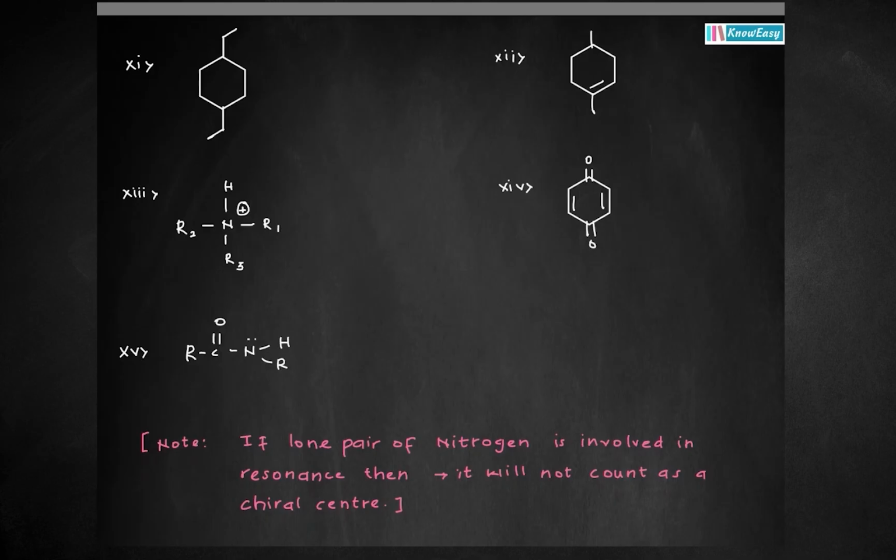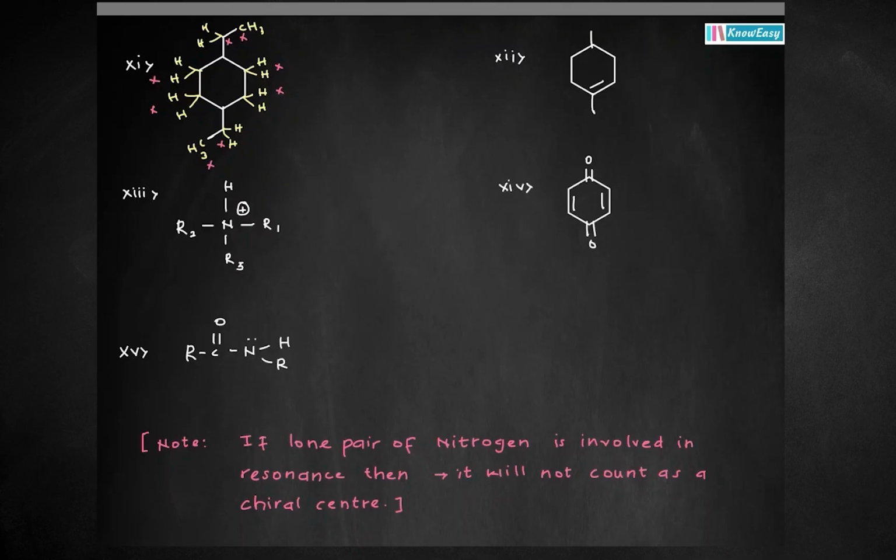Got it? So this carbon has 2 same groups or atoms. Look here, CH3, this is CH2, this is CH2. So this will never be a chiral atom. Got it?